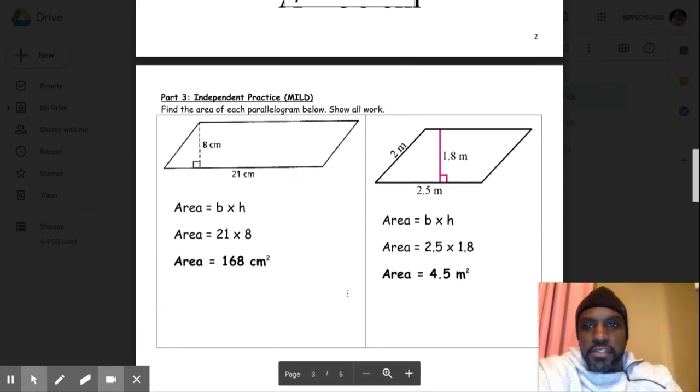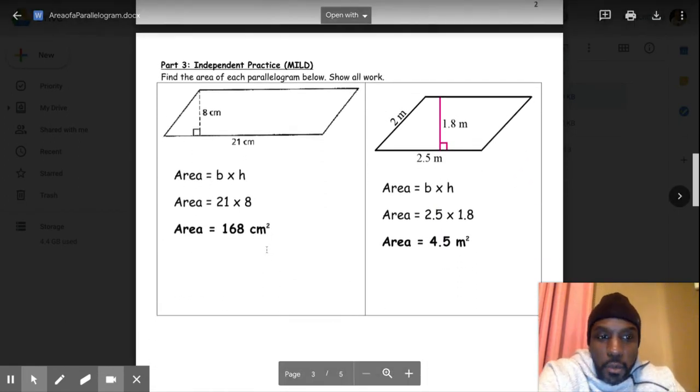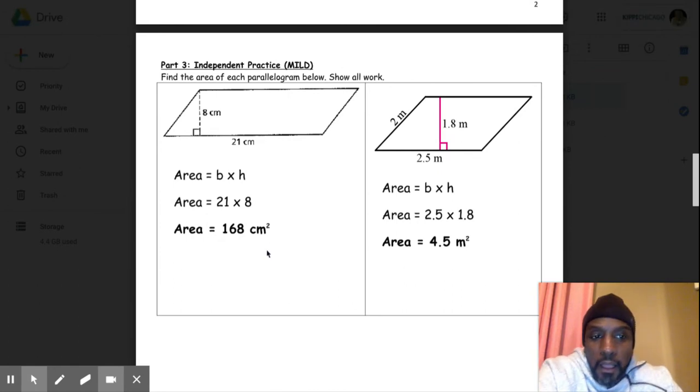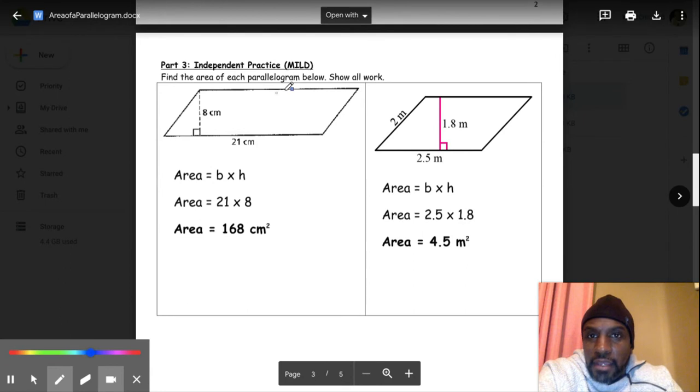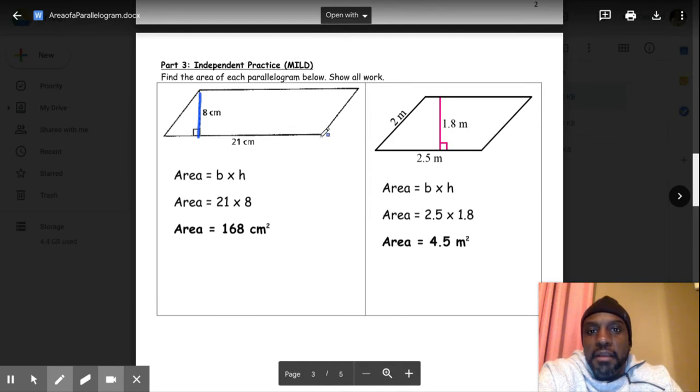Let's go down to the next one. Here we go. We got some problems that I did some work on for you. Find the area of each parallelogram. I'm going to label this now, okay? I see I have my height there. I see I have my base there. I have that perfect perpendicular that I'm looking for. The base is 21.